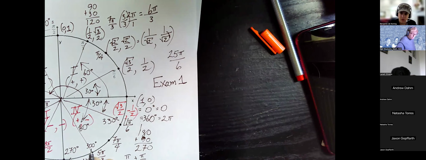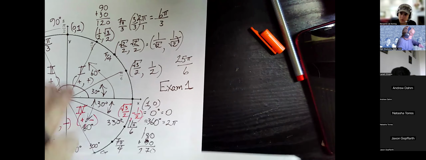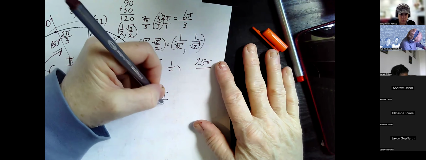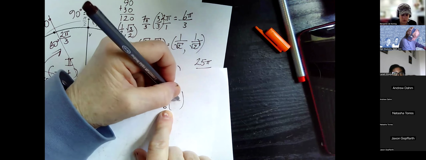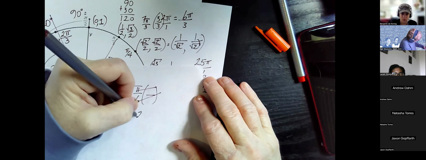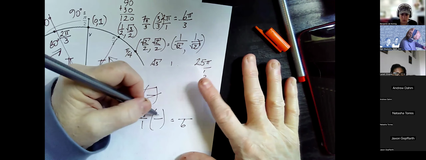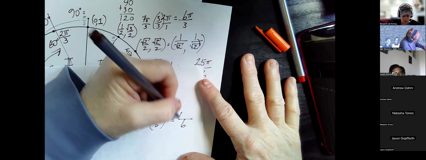Both pi over 6. Yes, exactly right. So we take pi over 6 and we multiply. We have 2 pi and we want the denominator to be 6. So we multiply by 6 over 6 and we get 12 pi over 6.